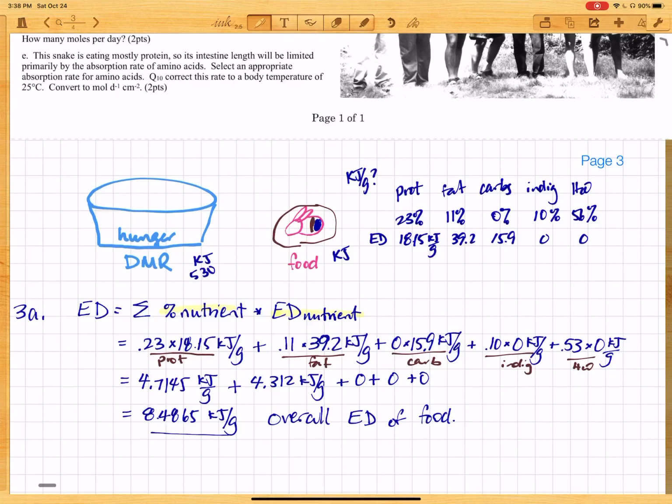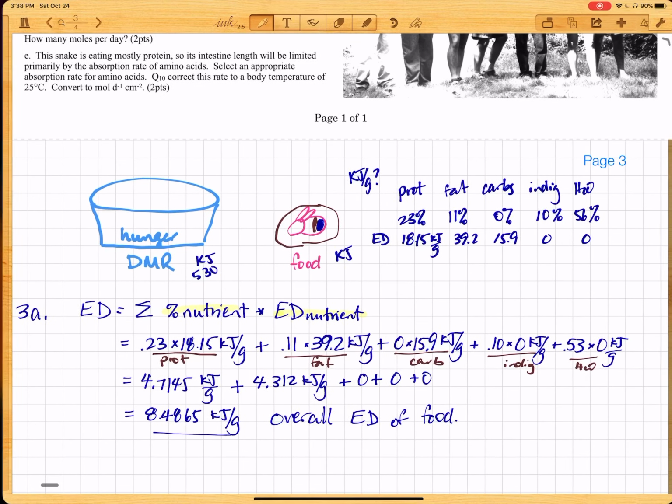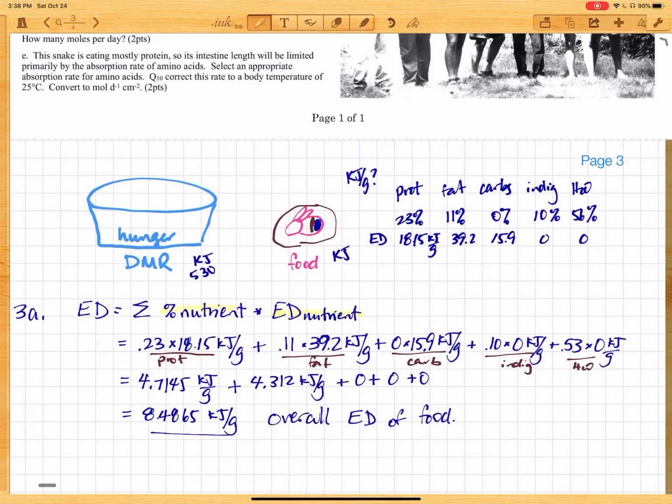All of these percentages should add up to 100% of the food. So this is the amount for proteins. This is the amount for fats, and then these, of course, all contribute 0, 0, 0. So that means that the rabbit per gram is worth about 8.49 kilojoules. So 8.49 kilojoules per gram. Okay, that's part A.